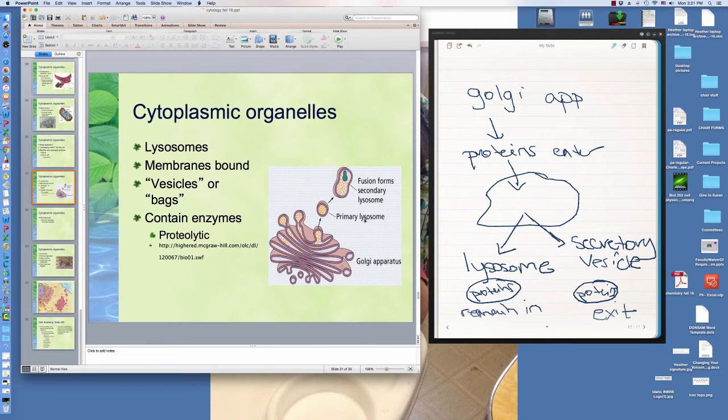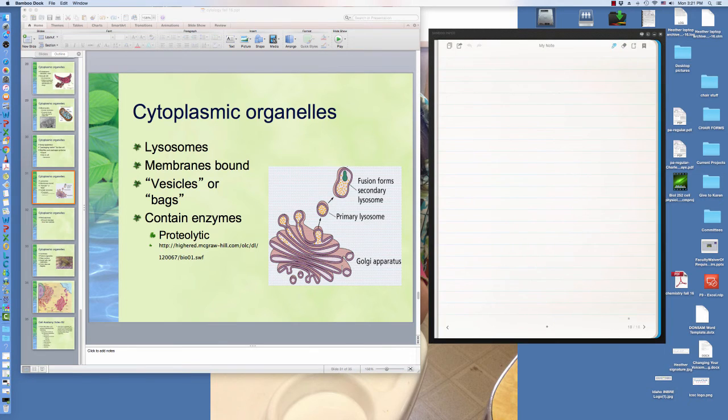So a little bit more about lysosomes. So the function of lysosomes, again, remember they're proteins, and it's proteins that are surrounded by a membrane, and often these proteins are enzymes. So remember, an enzyme is a type of protein.